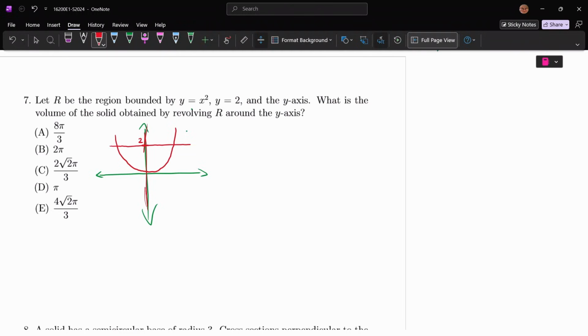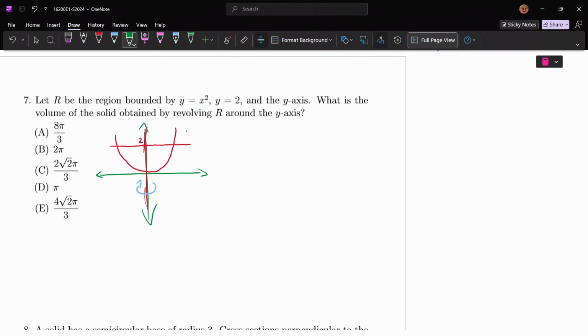And so our region is going to be like half of this, ignoring this side, it's going to be this. And then we just have to revolve this around the y-axis, like this. And that will give us the volume of the solid.